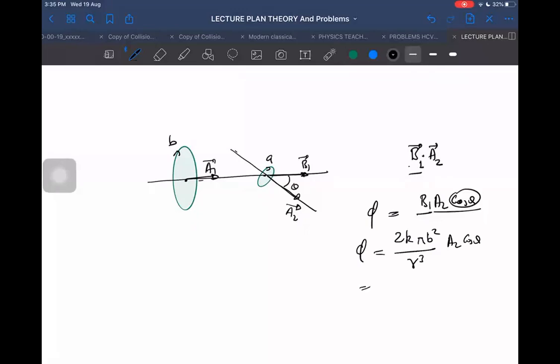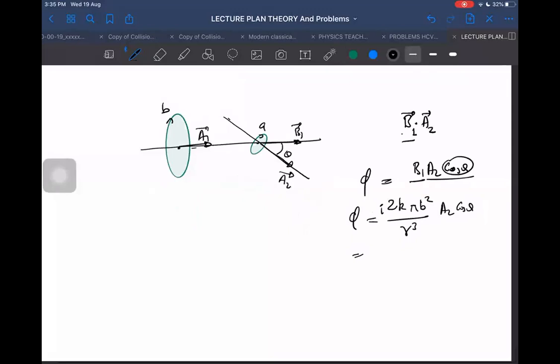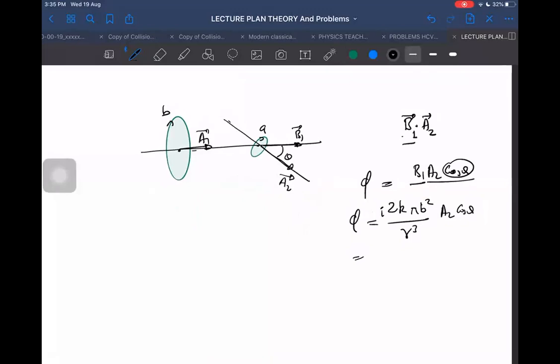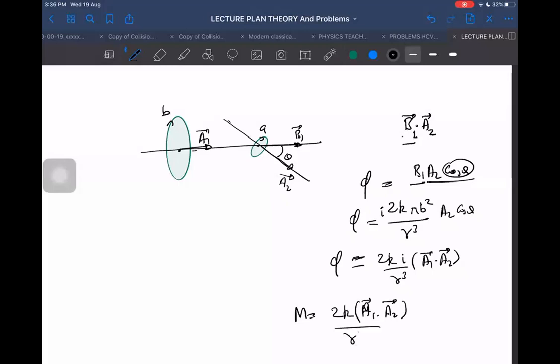Now we know pi b square is A1. So we are getting 2kI by r cube into A1 dot A2. Simple. That is the flux. Divide by I. So we got the mutual inductance which I wrote already before: 2k into A1 dot A2 divided by r cube.